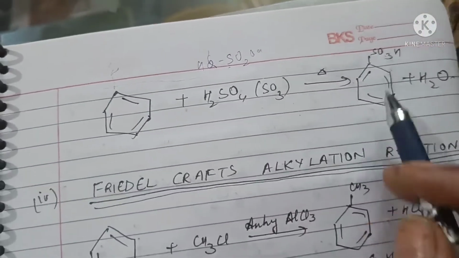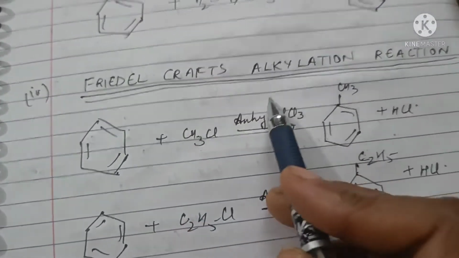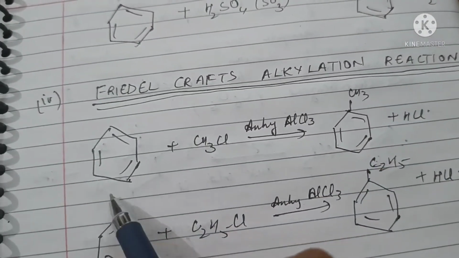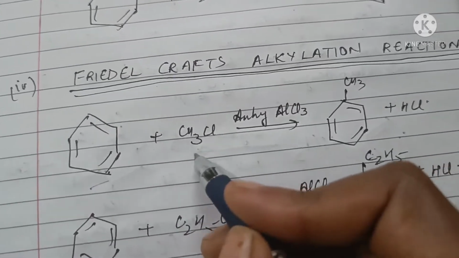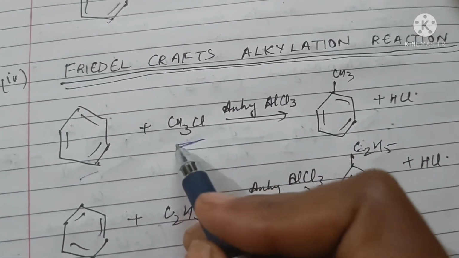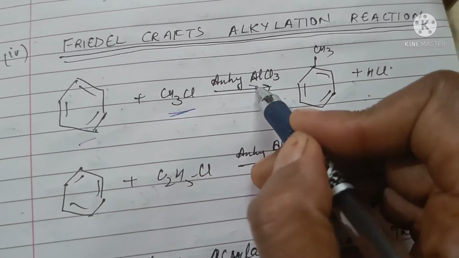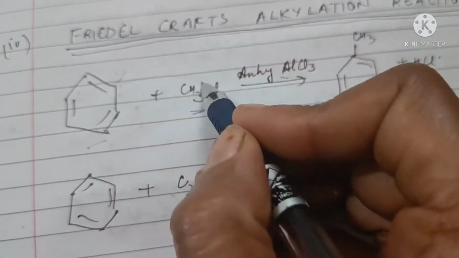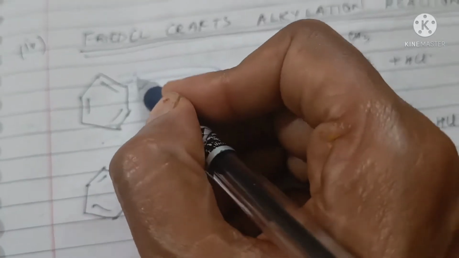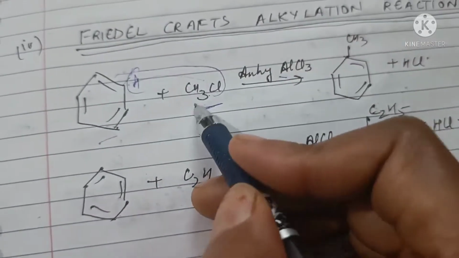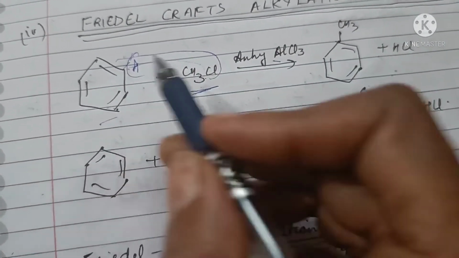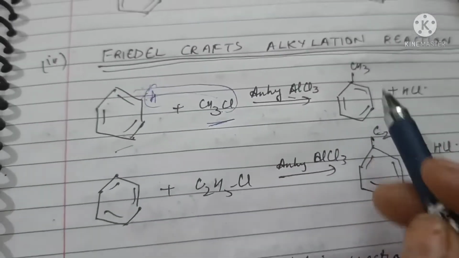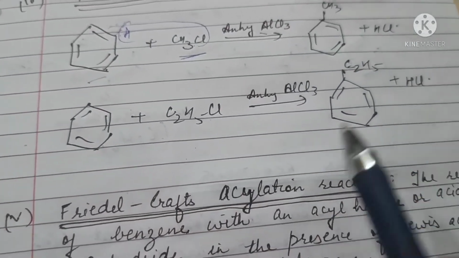So this is benzene sulfonic acid. Friedel-Crafts alkylation reaction. When benzene or aromatic compounds are treated with methyl chloride in presence of anhydrous aluminum chloride, the H of benzene will combine with the Cl to form HCl, and the CH3 group gets attached in the place of hydrogen to form methyl benzene, similarly ethyl benzene.